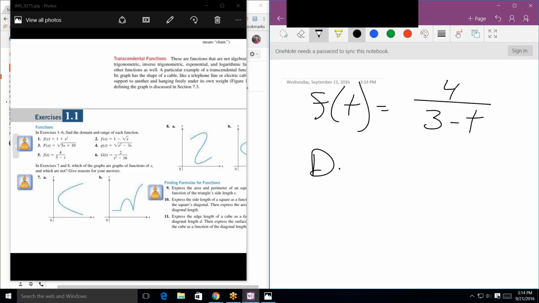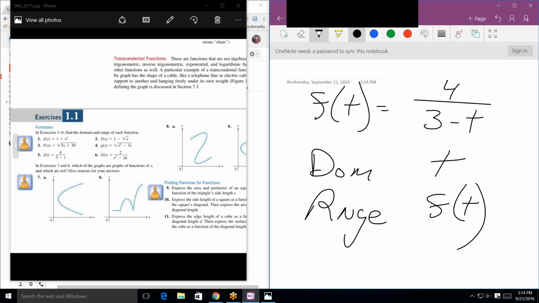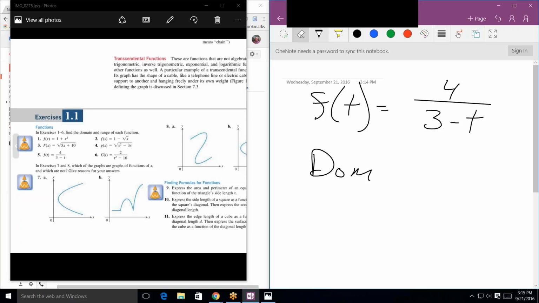T. Yeah. Domain is t. Range is f of t. So what are my possible values for t? Would I have to equal it to 0?